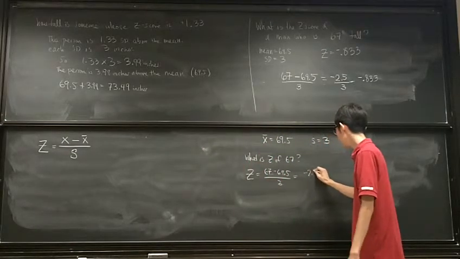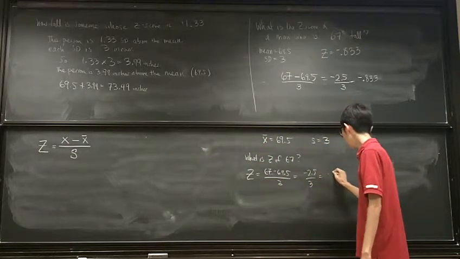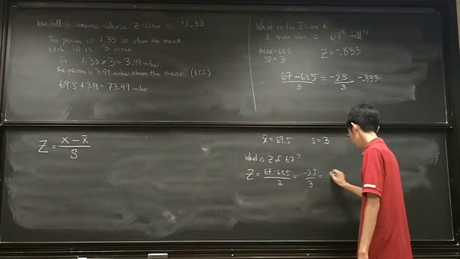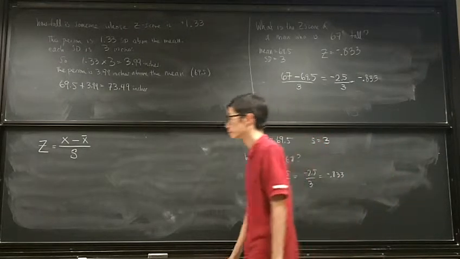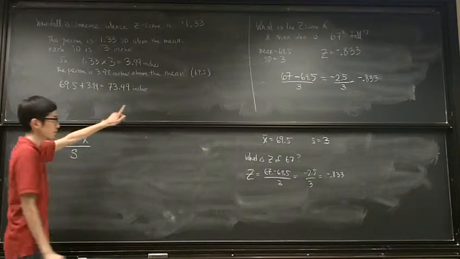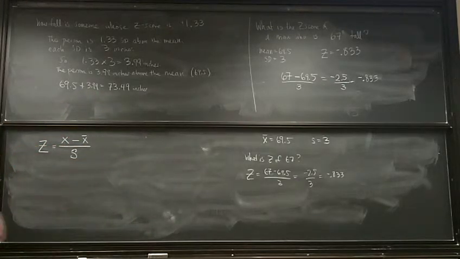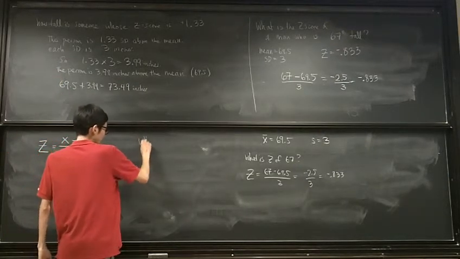I get negative 2.5 over 3, negative 0.8333. That's what I did. Over here, I said, what is the height, or how tall is someone whose z-score is 1.33? So here I'm asking for what is x?